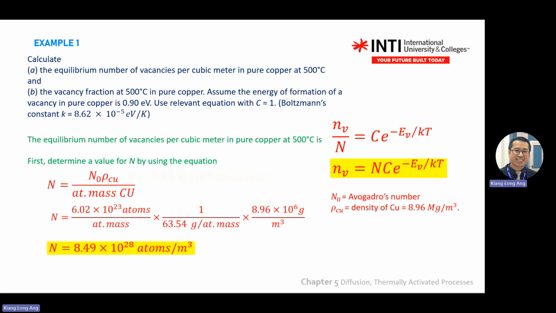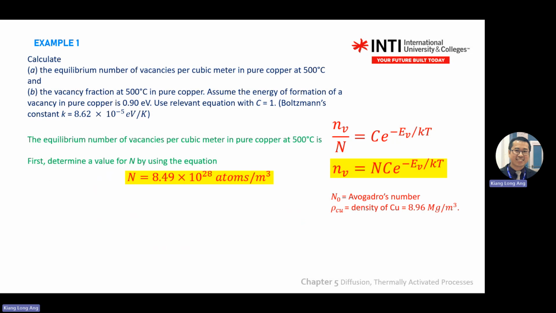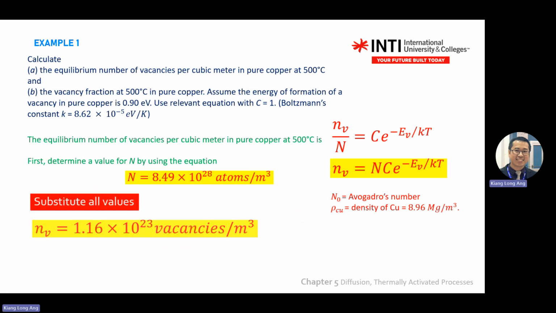So this is a very popular question for S2 and also for the exam. Right? So you substitute the value N here. C is 1. E is exponential, plus calculator. EV is given, divided by K, the Boltzmann constant.